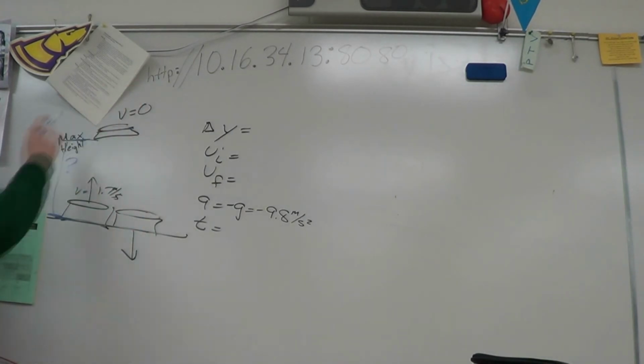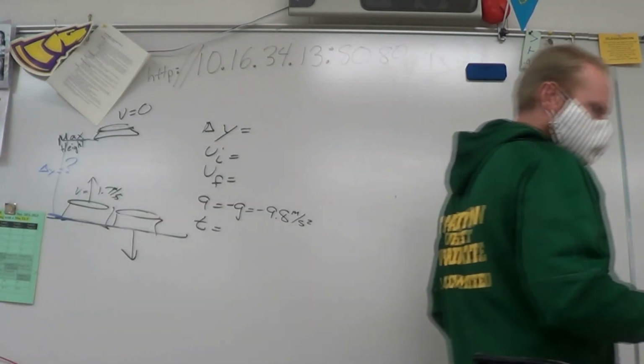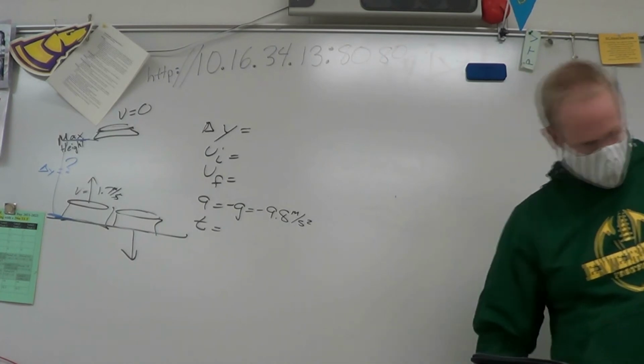Which variable does that represent? Change in Y. That's my delta Y is equal to my question mark. If I treat this as a max height problem, and I only look at from here to here, and only those locations, I can set this problem up.